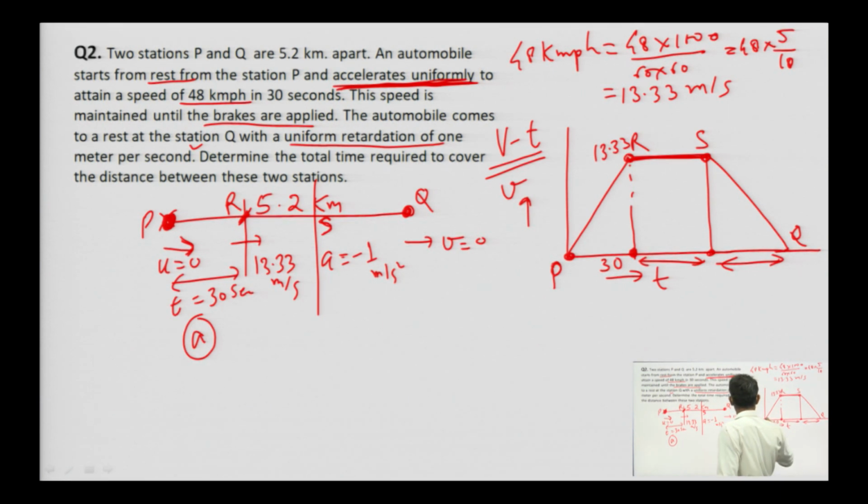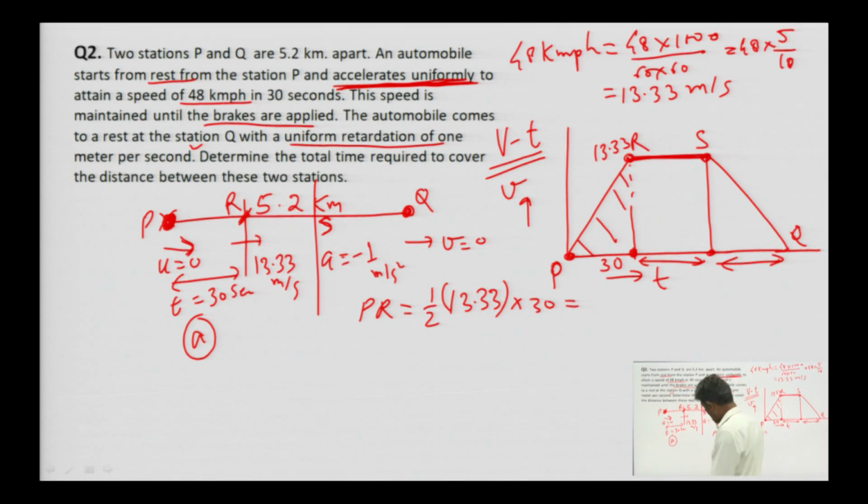So, distance traveled from P to R will be what? PR will be the area of this triangle, and what is the area? Area is half into 13.33 into 30 second. This is the length of PR.